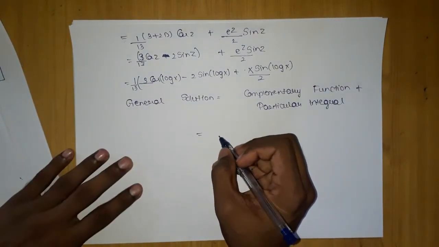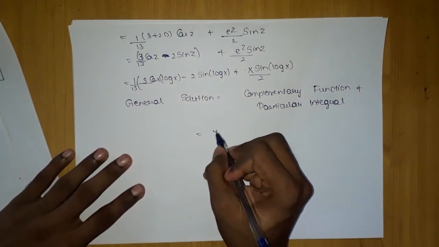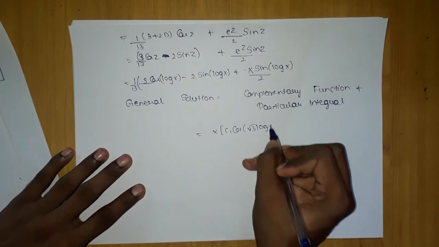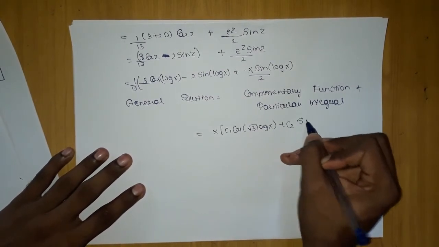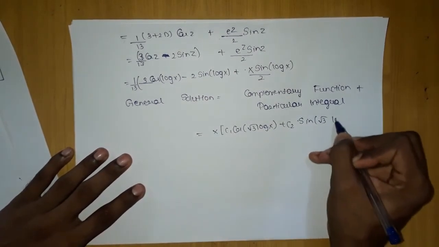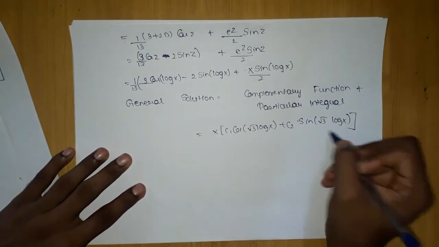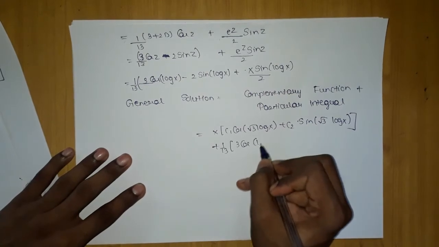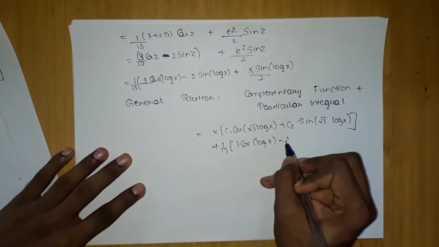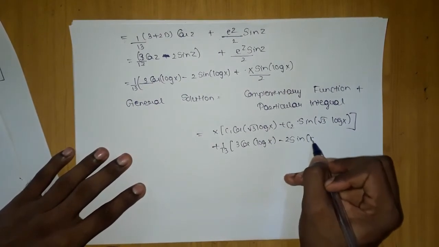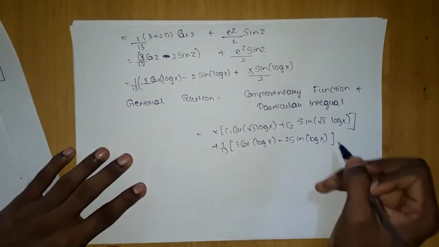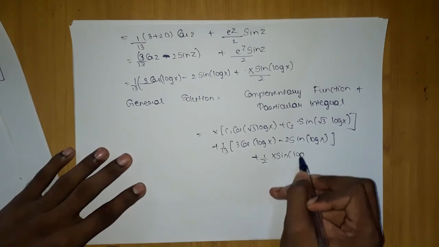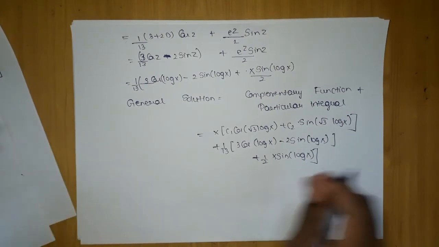Here the answer is a bit lengthy: y equals x into (c1 cos root 3 log x plus c2 sin root 3 log x) bracket close, plus 1 by 13 (3 cos log x minus 2 sin log x) plus 1 by 2 x sin log x. So if you do these steps, you will get the complete marks.